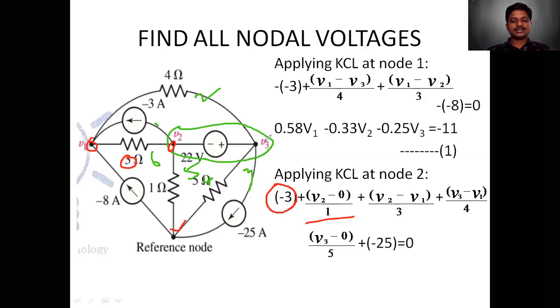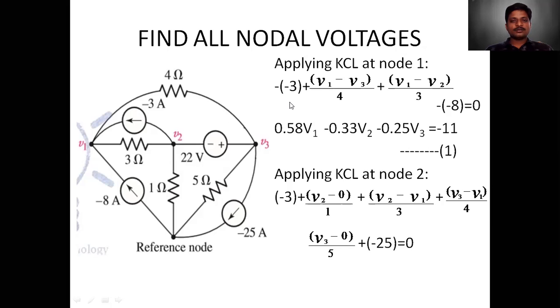Now come to V3: (V3 minus V1) by 4. Next, (V3 minus 0) by 5. And minus 25 amperes is leaving node V3, no? Therefore, you have to write plus of minus 25. So this equation is called the super node equation because we have written KCL at the super node.